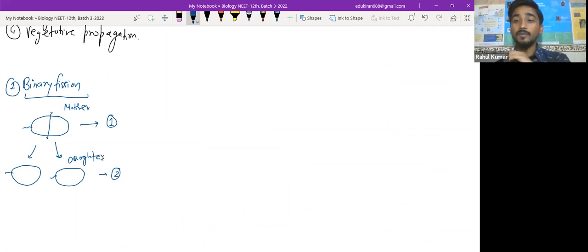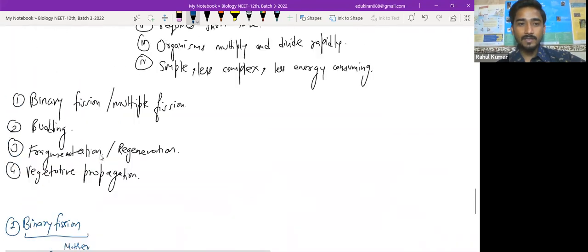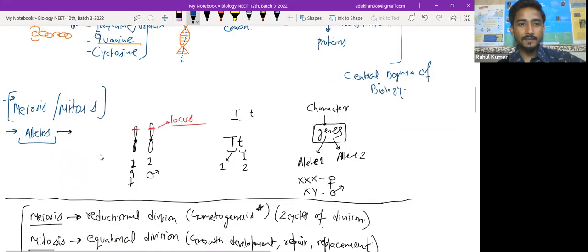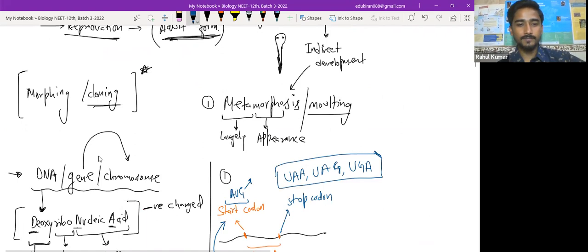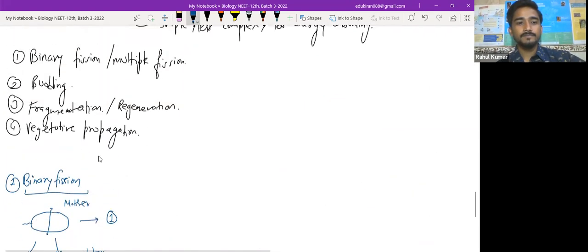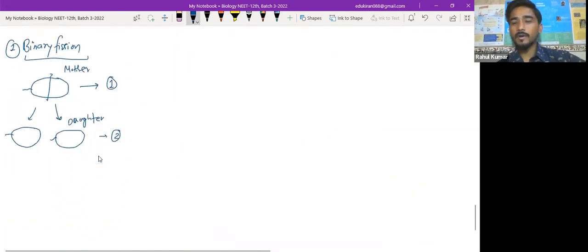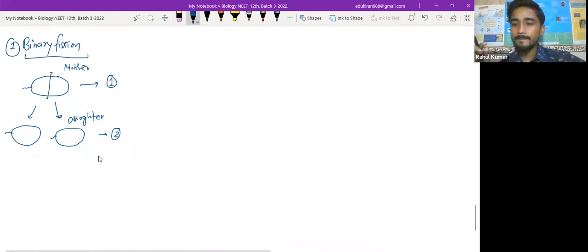That's why you will never in any book find the lifespan of a bacteria. There is only a life cycle of a bacteria. We'll do lifespan and life cycle after this. But can you appreciate that there is no natural death for unicellular organisms? So they are biologically immortal, correct?